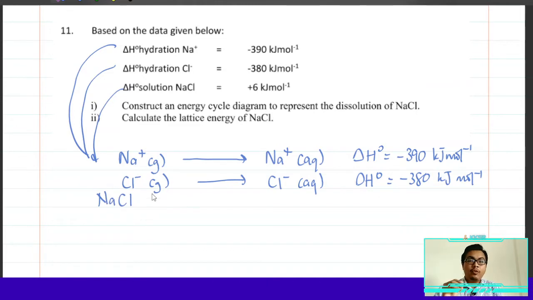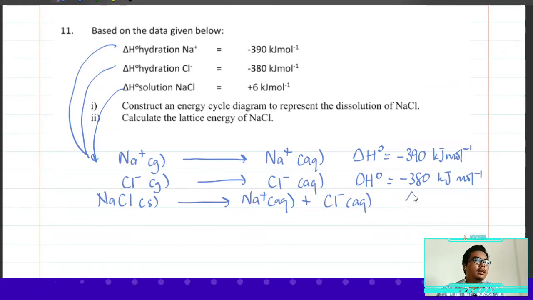So untuk solution is actually from 1 mole of solute. Okay, solute kita adalah NaCl, in a solid form, menghasilkan both Na plus aqueous ion and also Cl negative aqueous ion. Okay, so that's the solution process of NaCl with the delta H value of positive 6 kilojoule per mole.